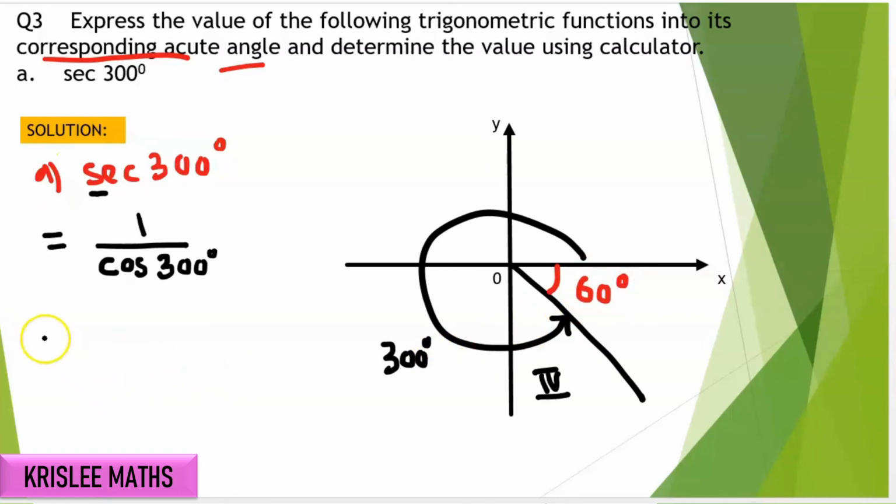So now we can change cos 300 as cos 60. Since we reach the 4th quadrant, in the 4th quadrant cos is positive. Therefore, it is positive cos 60. Now you can use the calculator to find the answer. So 1 over cos 60 equals 2.